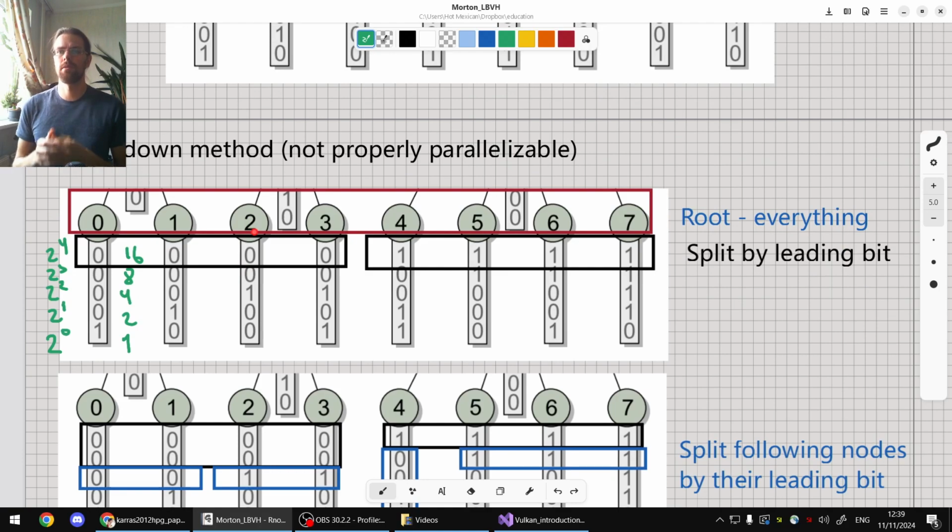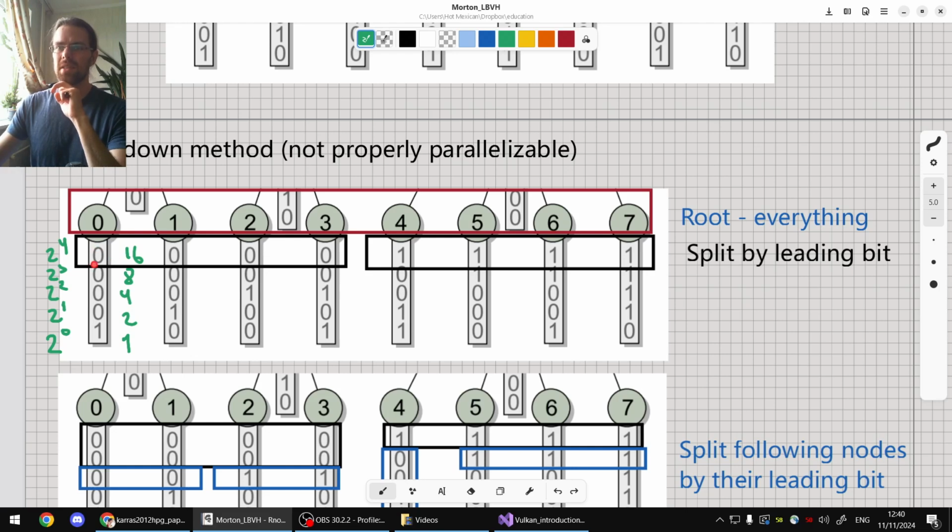The first step is to subdivide the whole region into two parts, and of course we do it by the first leading bit. In this case we have a binary value encoding from 0 to 31, so 32 in total.